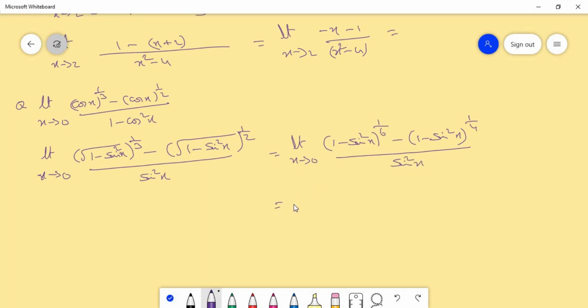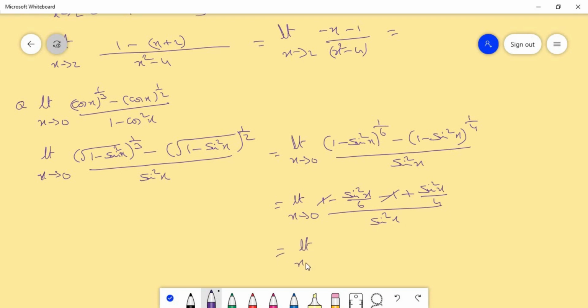Apply binomial approximation formula. Limit x tends to 0, 1 minus sin square x by 6 minus 1 plus sin square x by 4, whole divided by sin square x. Minus 1 and plus 1 cancel.